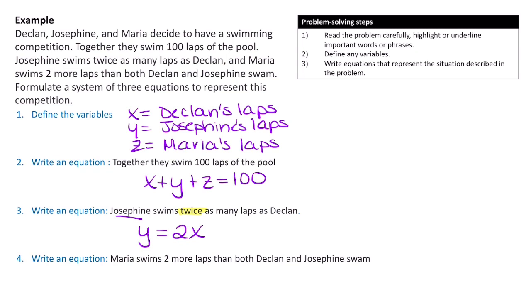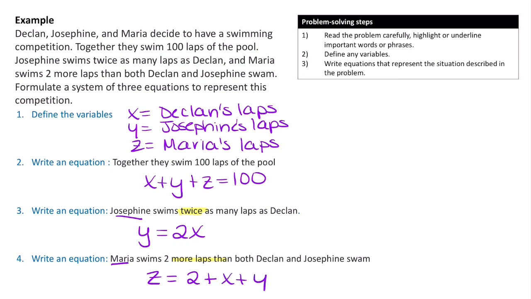And then we're going to say that Maria swims 2 more laps than both Declan and Josephine swam, okay? So we have another one of our math phrases here, right? 2 more laps. So 2 more is going to be 2 plus, right? So Maria is z. So z is going to equal 2 plus the amount of laps that Declan and Josephine swam. So 2 plus x plus y.